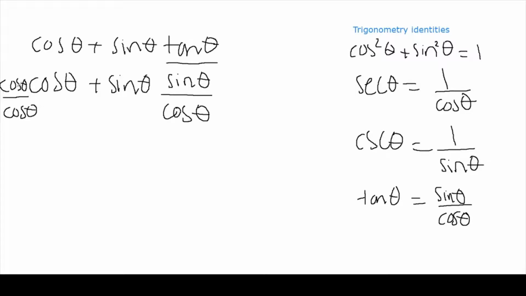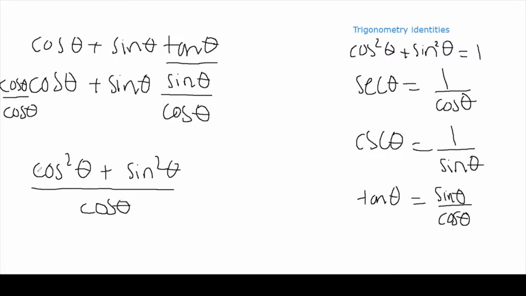And what is cosine of theta times cosine of theta? That will give you cosine square of theta plus sine of theta times sine of theta, that equal to sine square of theta, and divide by the common denominator, which is cosine of theta.